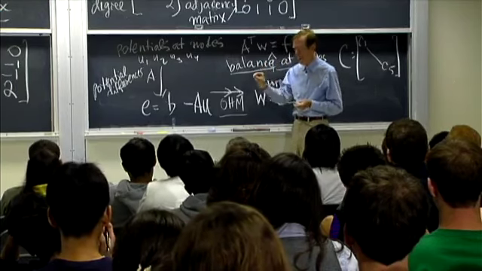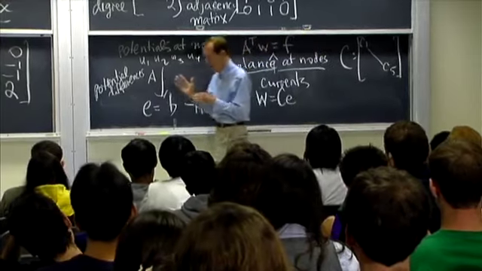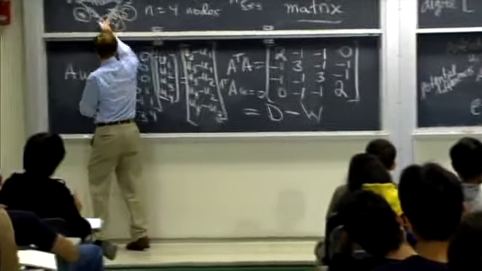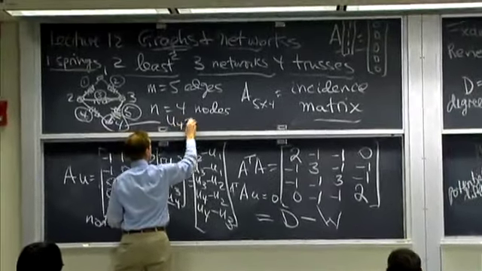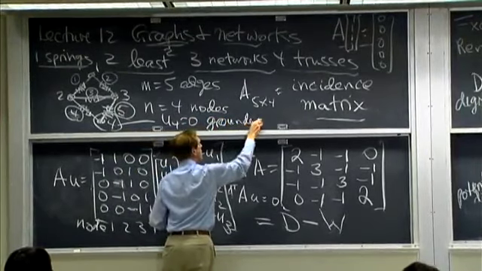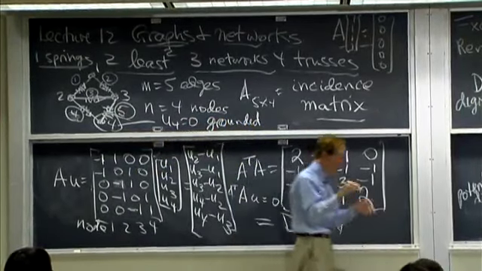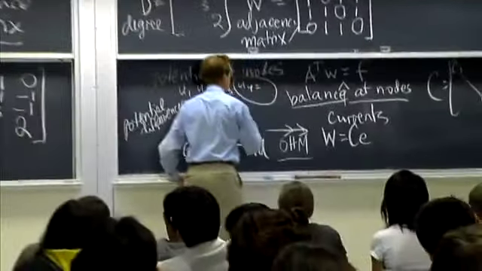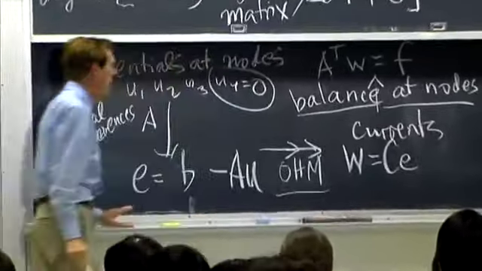It's like setting one temperature. It's like deciding where is absolute zero. Let's put absolute zero down here. U4 equals 0. Grounded the node. Okay. So we fixed a potential. Here's a boundary condition coming in, U4 equals 0.